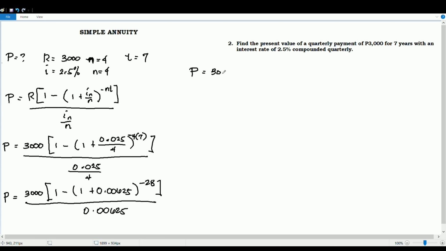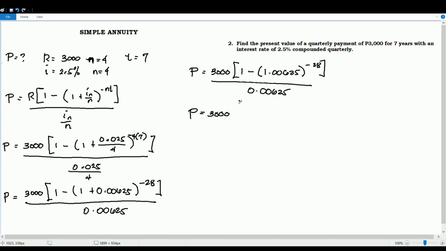Now let's have the power of this 1 plus 0.00625. So we have P is equal to 3,000 times 1 minus 1.00625 raised to negative 28 over 0.00625. Now to continue, 1.00625 raised to negative 28 is the same as 0.8399143194, over 0.00625.